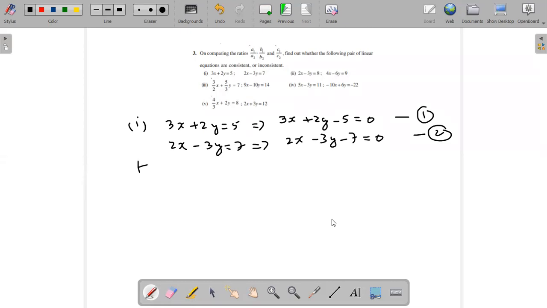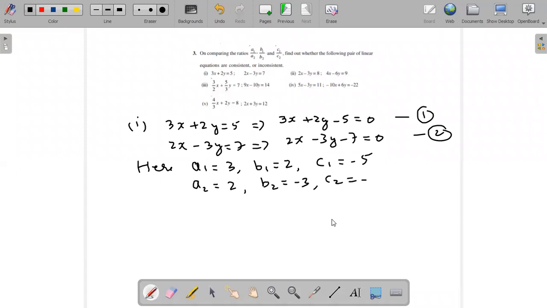So here A1 is equal to 3, B1 is equal to 2, and C1 is equal to minus 5. A2 is equal to 2, B2 is equal to minus 3, and C2 is equal to minus 7.